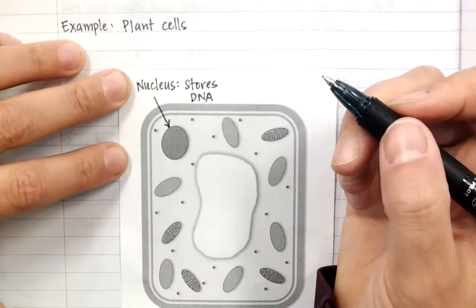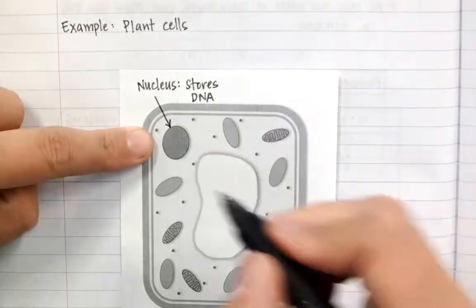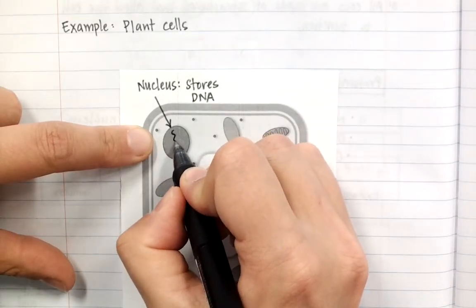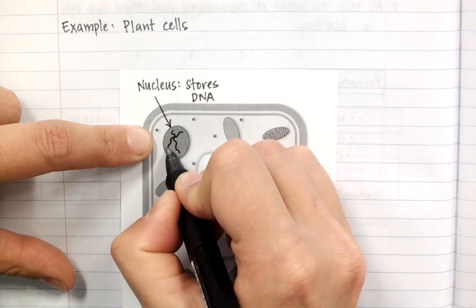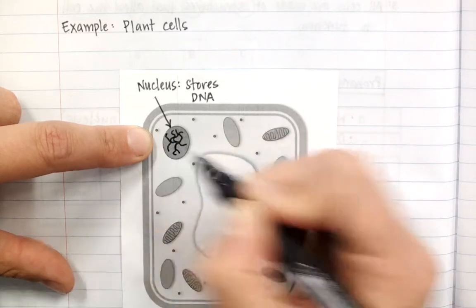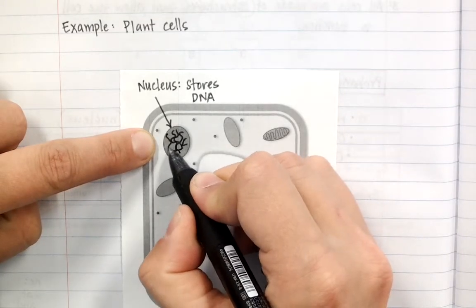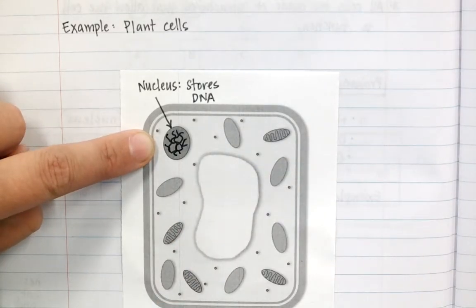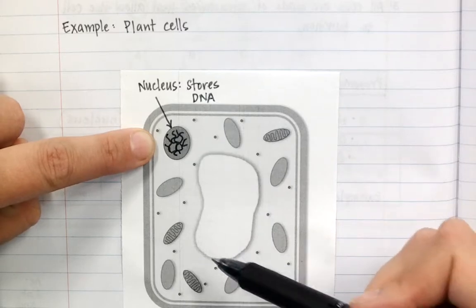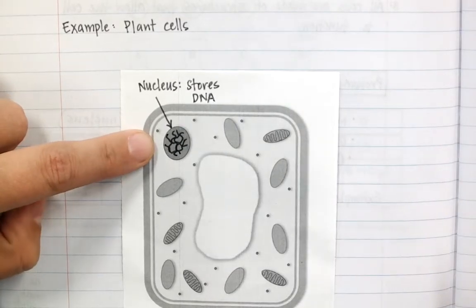Now, unlike bacterial DNA, our chromosomal DNA is in lines. So I'm going to draw some chromosomal DNA. And it just kind of floats around. But it's in lines. It's not in that circular single chromosome. We have multiple chromosomes and they are in lines.